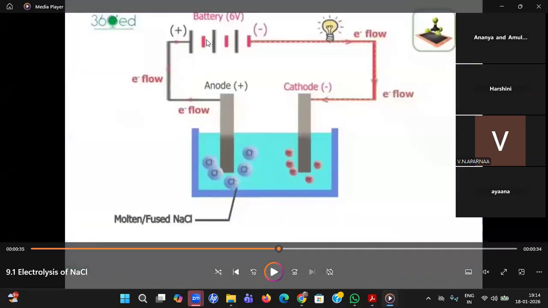Similarly here, Cl minus means one electron is extra. Here you can see the positive terminal. This terminal is deprived of electrons. Cl minus has one extra electron, and it goes and attaches to this anode.